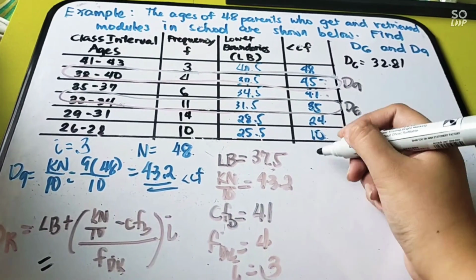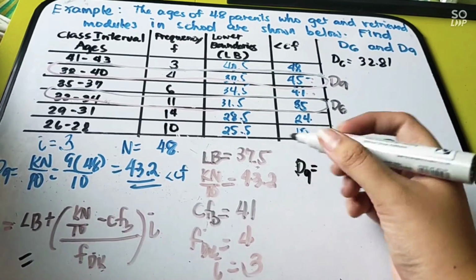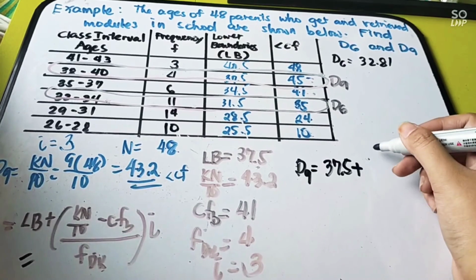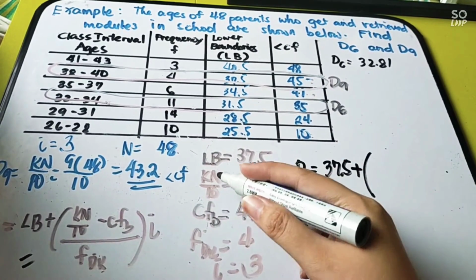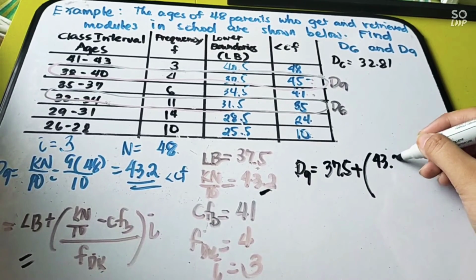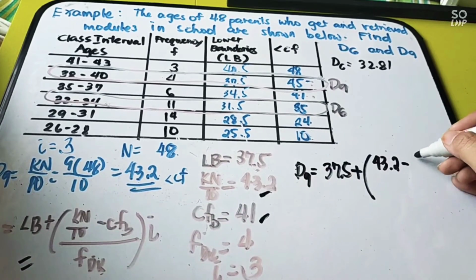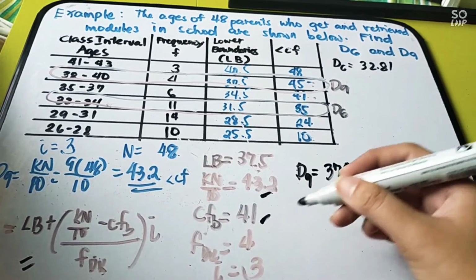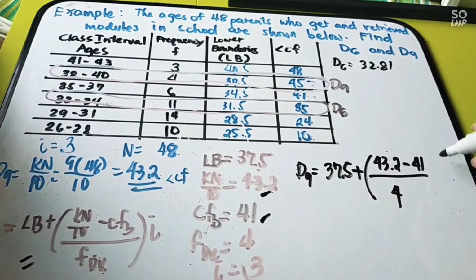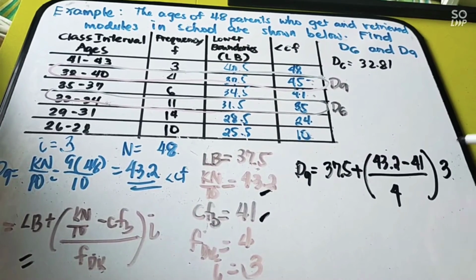Ito yung formula natin. So, we have now D sub 9, lower boundary, we have 37.5 plus, multiply natin kay n over 10, we have 43.2, then minus 41, then over sa frequency which is 4, then multiply natin sa class interval which is 3.